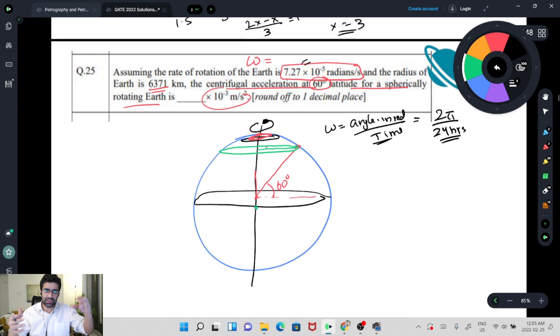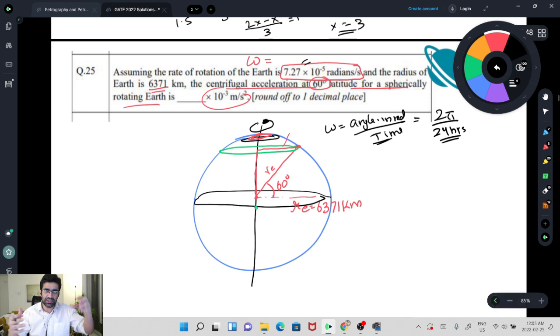This will be the radius. Let me use the same red color. This is the radius of the Earth at the equator, so RE is given as 6371 kilometers. The one you see here is again RE, the same radius everywhere because we are assuming a spherical Earth.